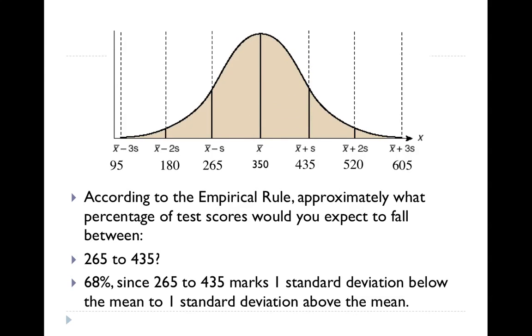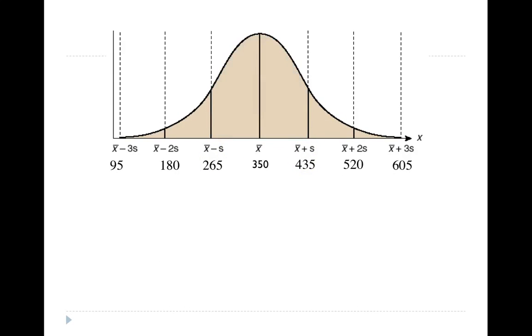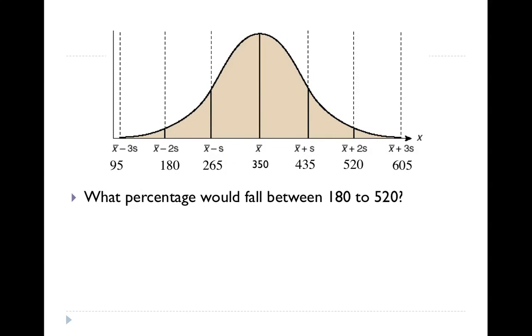So the answer to this question is 68%, because 265 to 435 marks 1 standard deviation below the mean to 1 standard deviation above the mean. That's what we have right here, 1 standard deviation below to 1 standard deviation above. So the answer to that question was 68%.